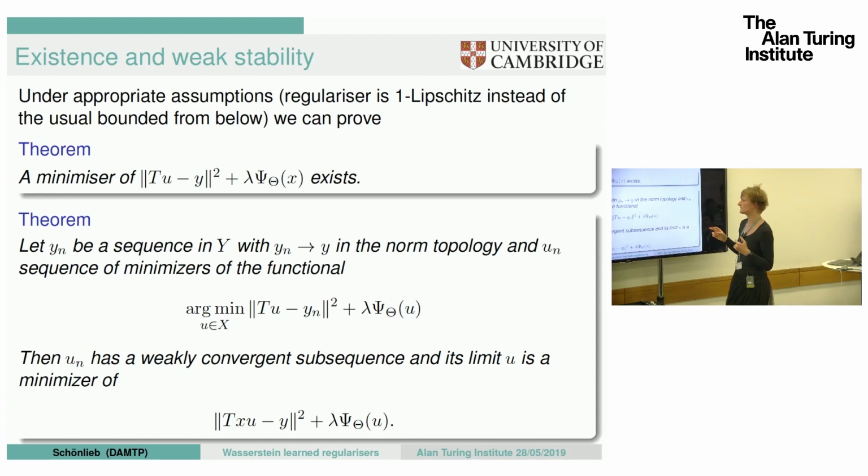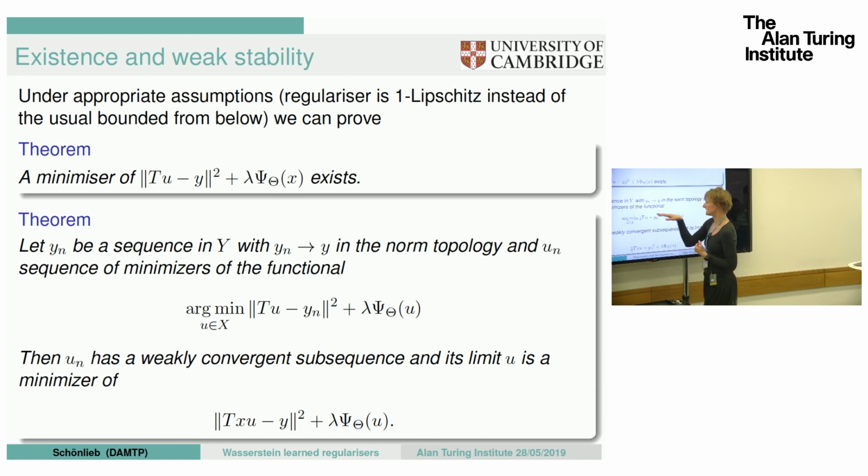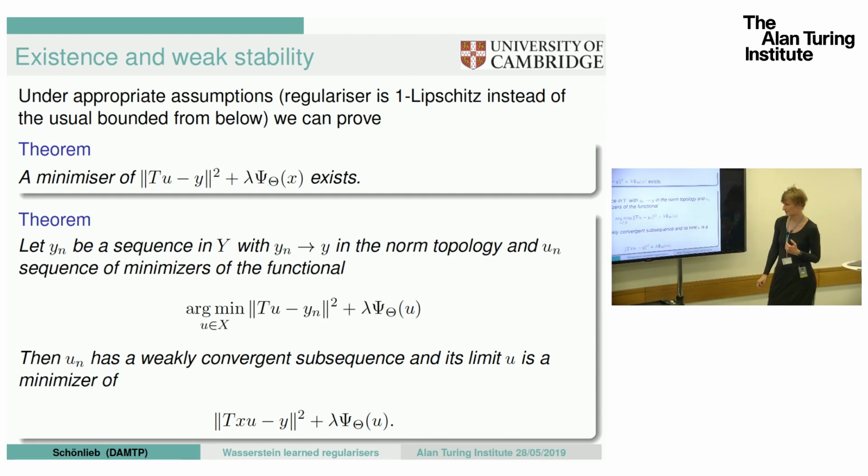If we start with two Banach spaces, X the space for my reconstructions and Y the space for my measurements, then I can at least say that there is stability in the weak convergence sense, in the weak topology of the Banach space X, where my minimizers lie.